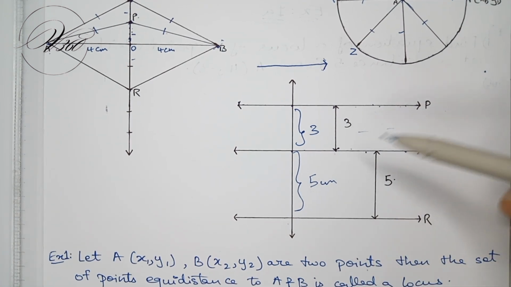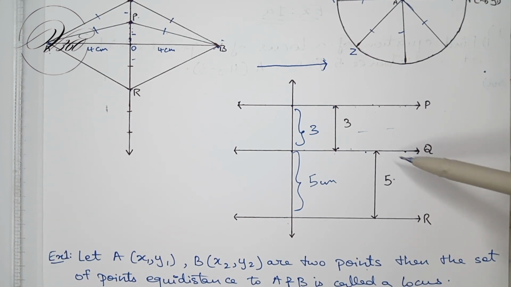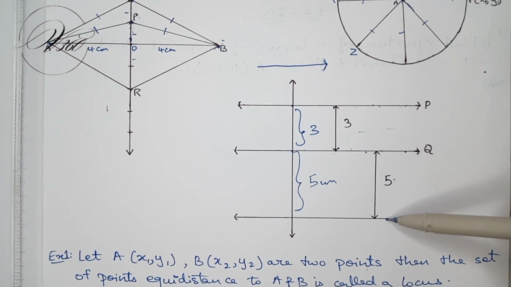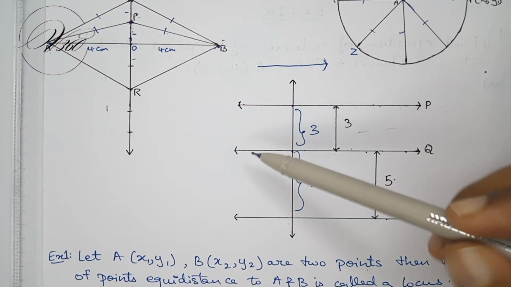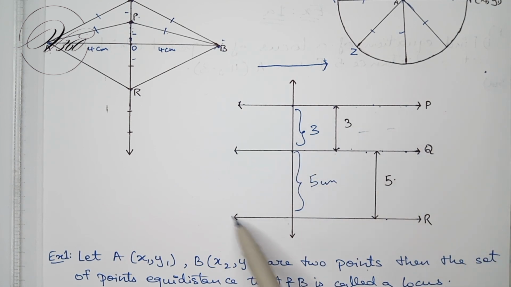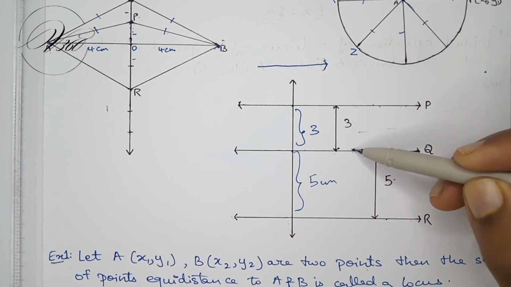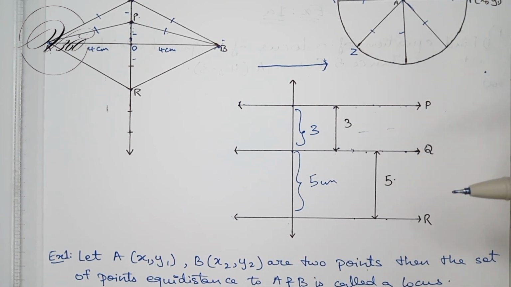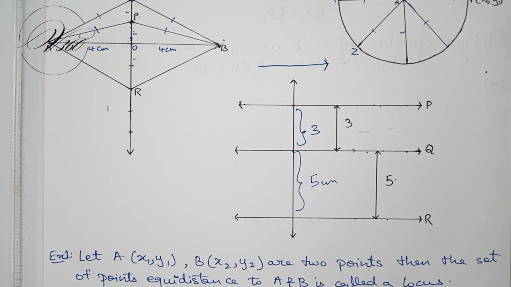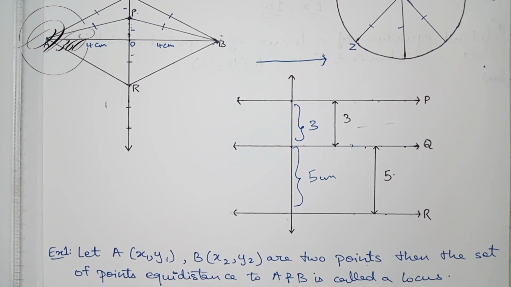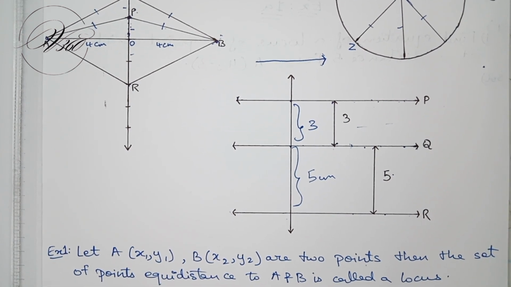Same as the down one, Q and R. Okay, this and this are parallel, and if we take from here to here or here to here, the lengths from Q and R are equal till infinity or till the end of the line. Okay, now we are going to do the examples again.